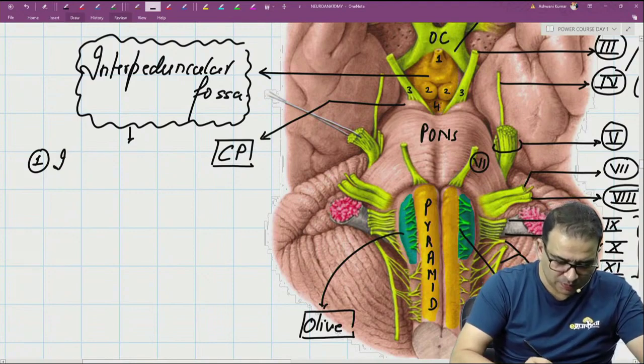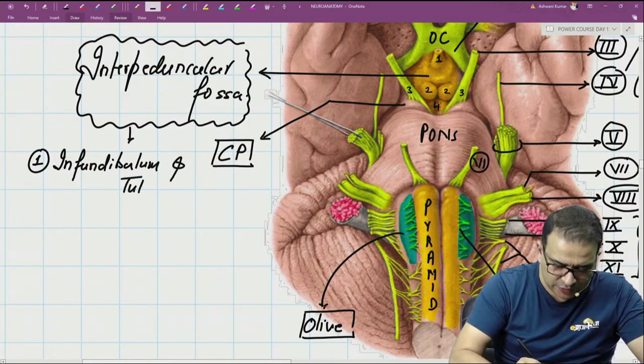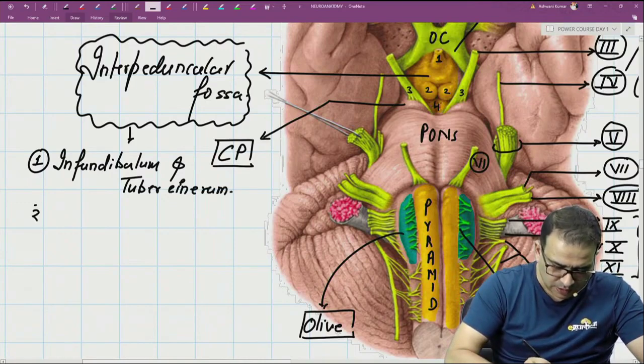One is the infundibulum, and that elevation from where the infundibulum is coming is the tuber cinereum. Number 2 is the mammillary bodies.